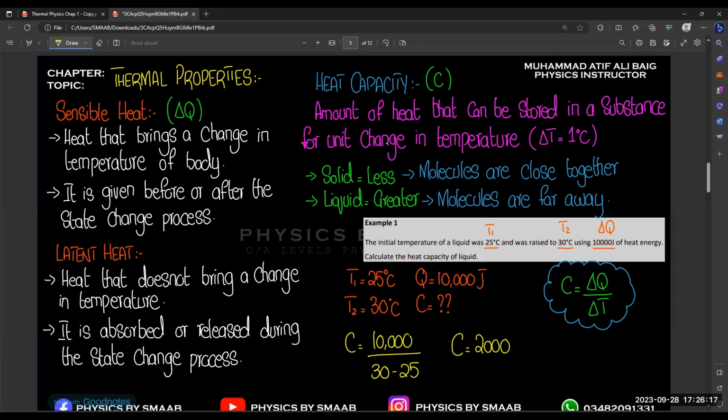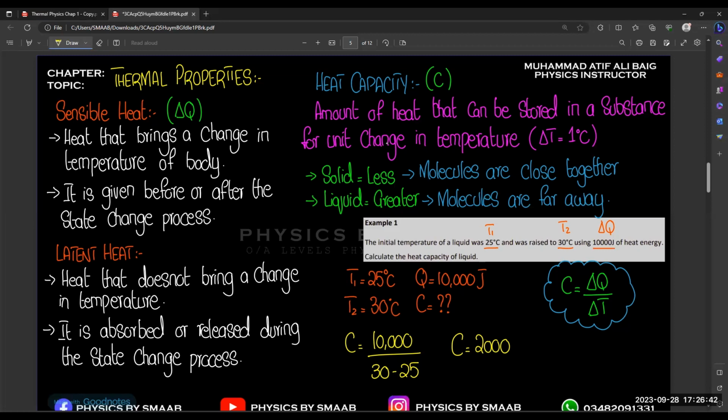Since we studied many concepts and many quantities, many SI units, let's try to figure out what the SI unit will be. We have joules, and we are dividing by temperature, so per degree Celsius. Basically, we are working in degrees right now.